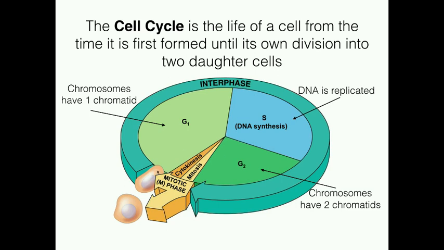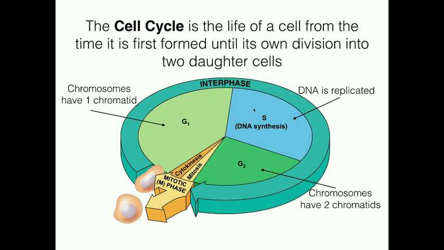At the start of a cell's life, it has just divided. It's small, it's young, it's fresh. It needs to grow before it can divide. And so during G1, it is mostly just growing. During G1, the chromosomes are 1 chromatid each. The DNA has not yet divided.